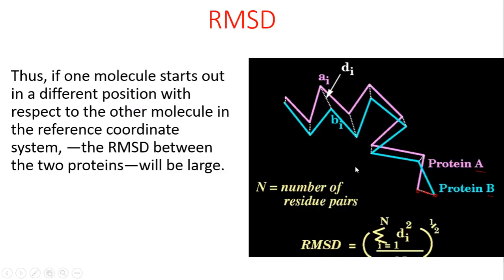Well, now what we do for computing this is that you first need to establish the one-to-one relationship. Say, for example, you have this amino acid residue I in protein A, and the corresponding amino acid residue I in protein B. Once you define this one-to-one relationship, you calculate the distance between these two atoms.